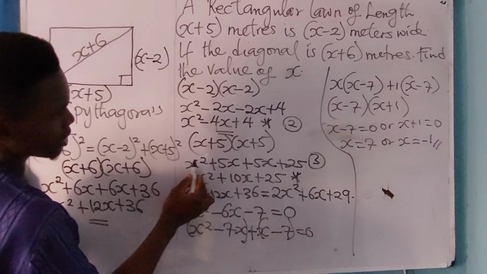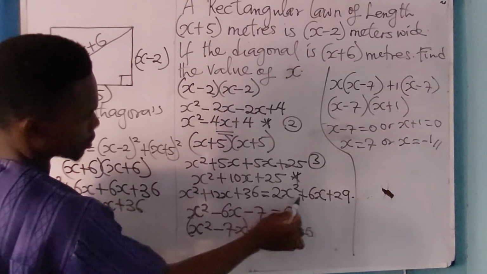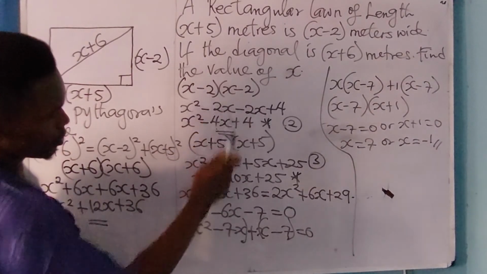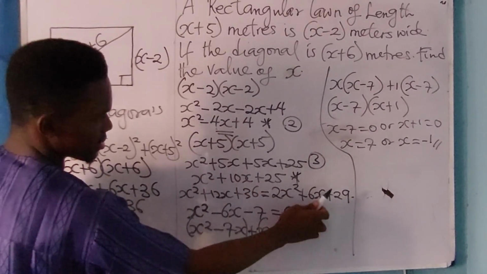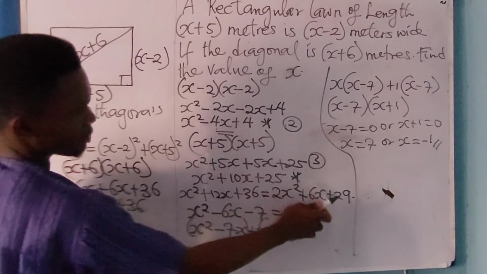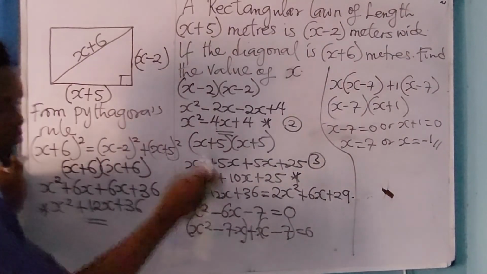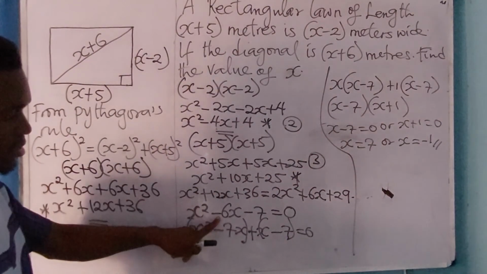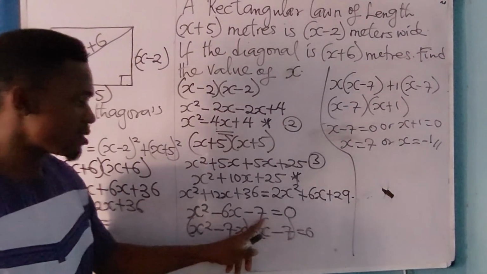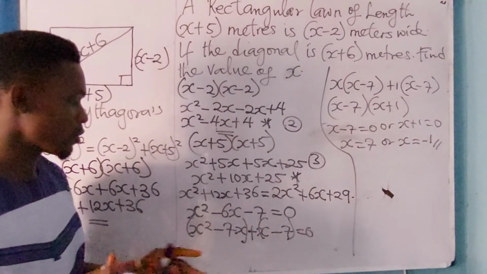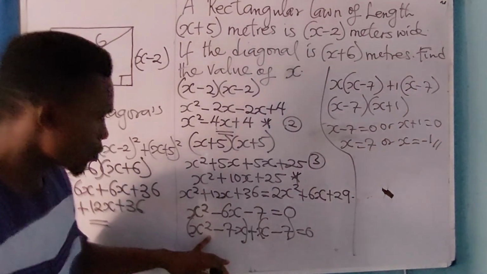Then minus 4x plus 10x is plus 6x, and 4 plus 25 is 29. After collecting like terms, we have this. We look for two numbers such that when you multiply those two numbers, you get 7, and when you do the difference of those two numbers, you get this very one.